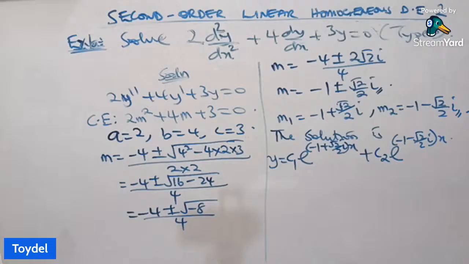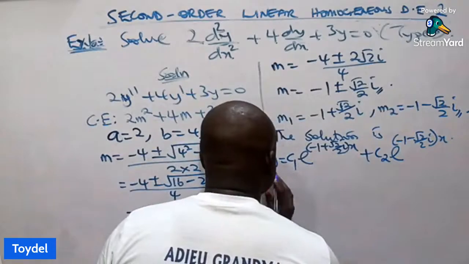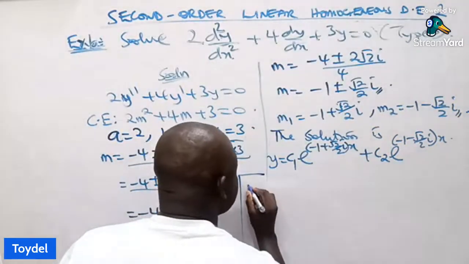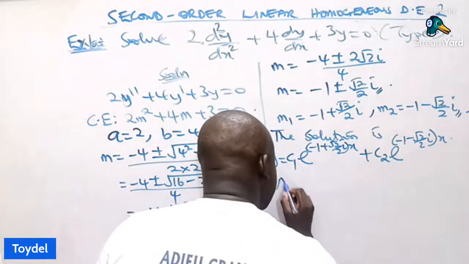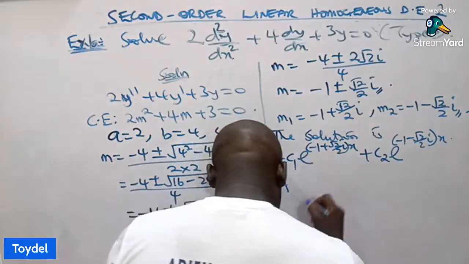But of course, when we go through the videos on second order linear homogeneous differential equations with constant coefficients, you will realize that we can write this as y is equal to a e^(-x) cos((√2/2)x) plus b e^(-x) sin((√2/2)x). I can change the arbitrary constants because of some parameters that are coming.